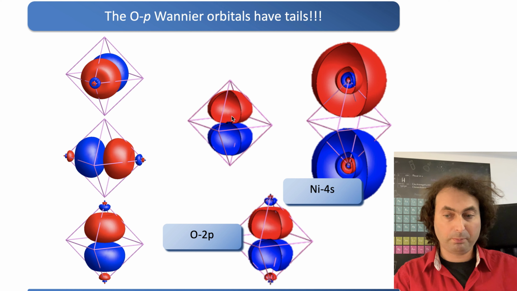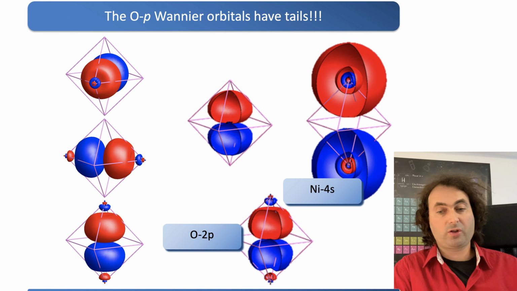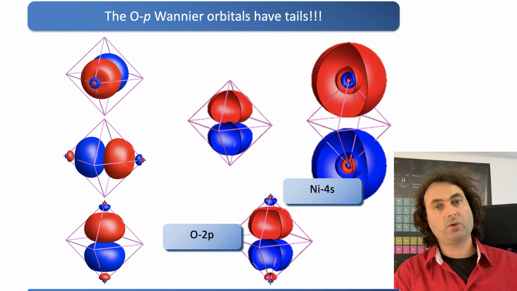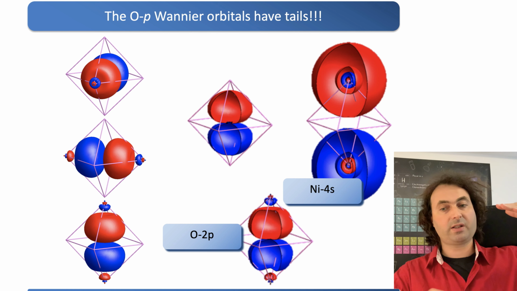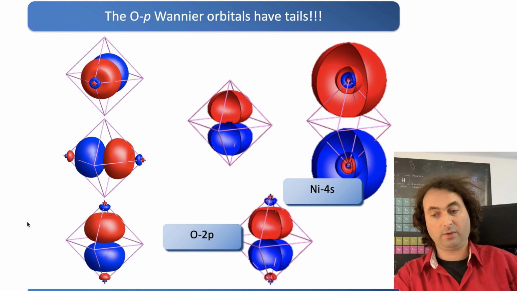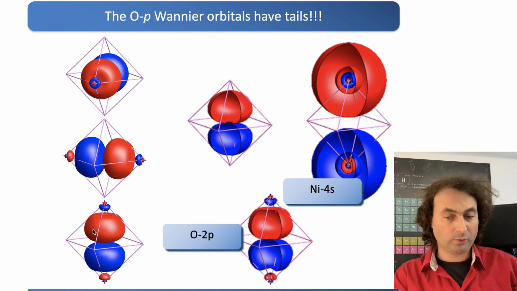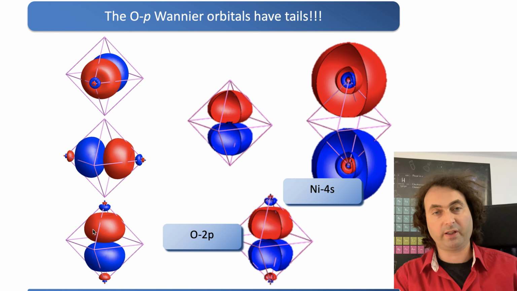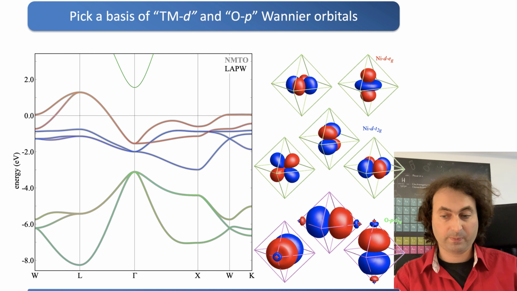If you now make a bonding orbital between the oxygen p and the nickel 4s, it is this wave function that you get, and that indeed looks very much like the Wannier function that we have. So you should think of having a nickel 4s and an oxygen p, making a bonding-antibonding combination, and it is the bonding combination of the two that is occupied, and that then makes what we call the oxygen p bands.